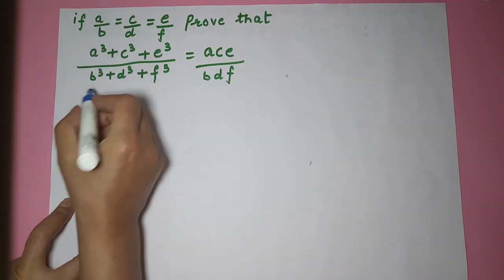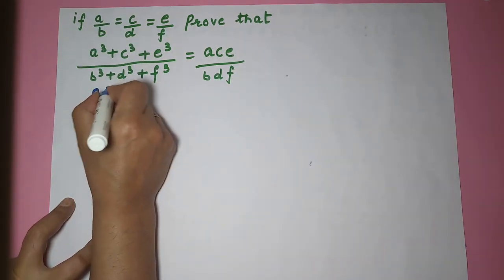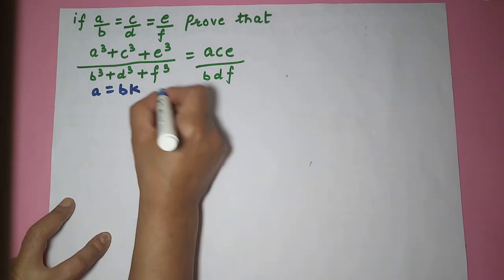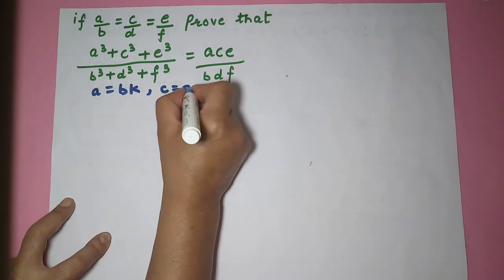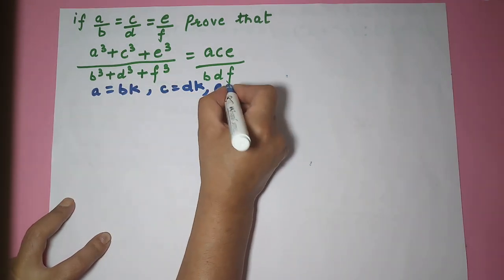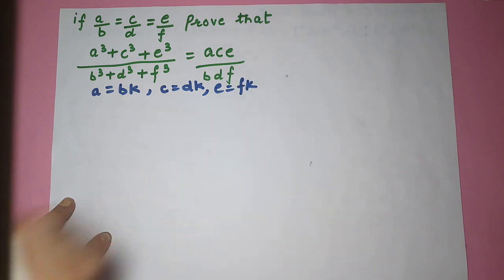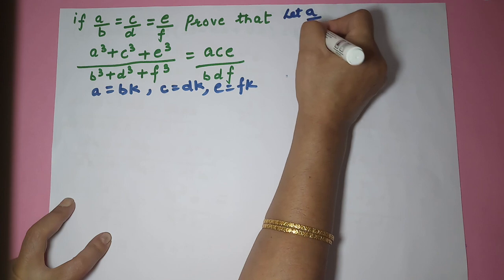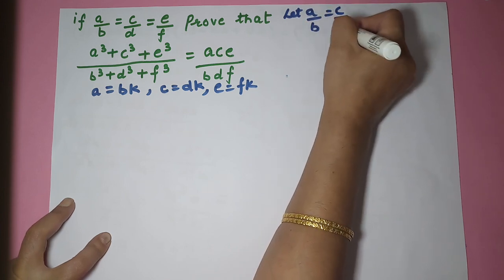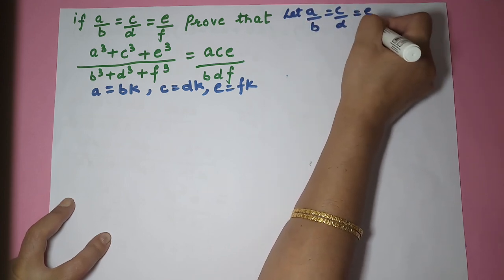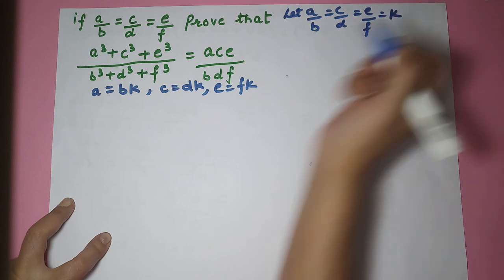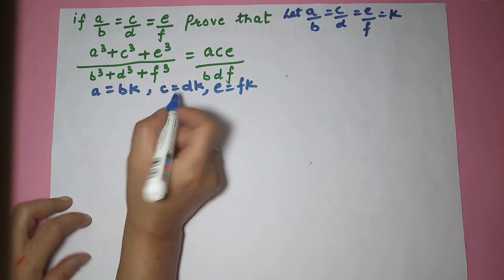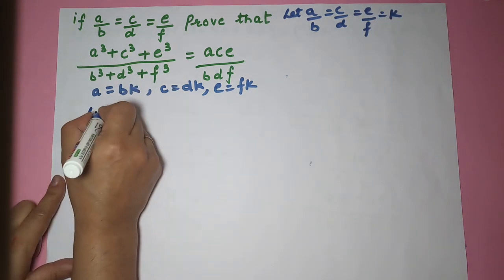Same. Now I know that A is equal to BK, my C is equal to DK, and my E is equal to FK. Don't forget to write let A by B is equal to C by D. As I told you earlier also, it's very important from the board point of view. Then you can write this step. Okay, now let's take the left hand side part.